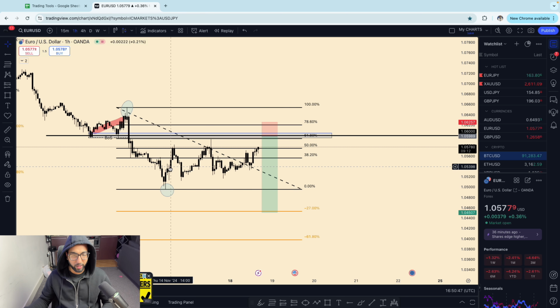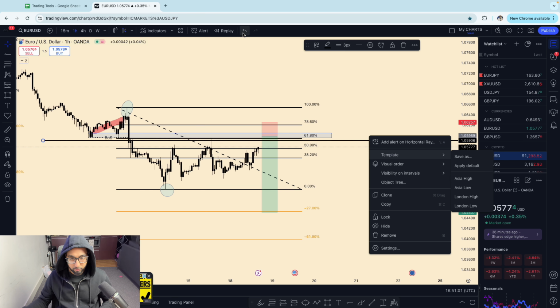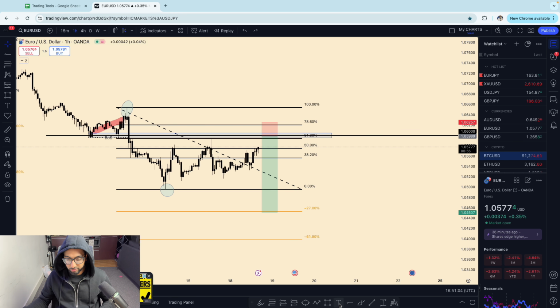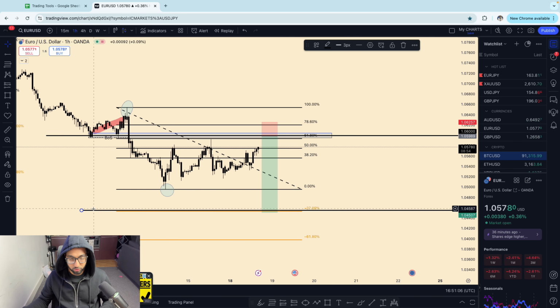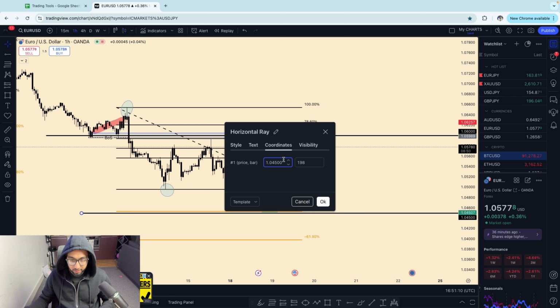So even if you entered all the way down here, keep your stop loss above here, of course, but you can have a nice little target of 1.04500. Wow, another round psychological number. Guys, this is like art for me, okay? It's so amazing how trading is, because once you start to realize how things work, you'll realize that everything works in its favor, right?